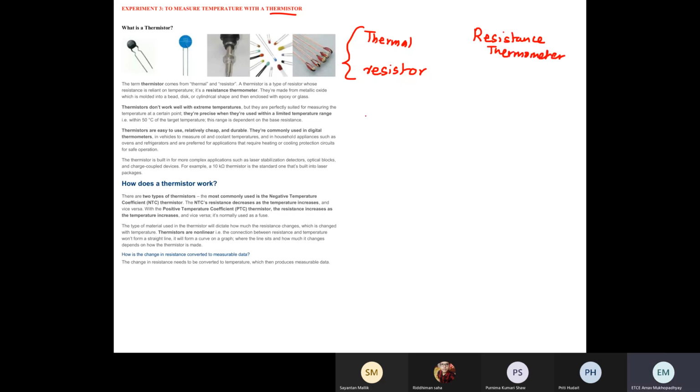So how is it manufactured? It is generally manufactured with some metallic oxide, which is the actual resistive material that responds to change in temperature.